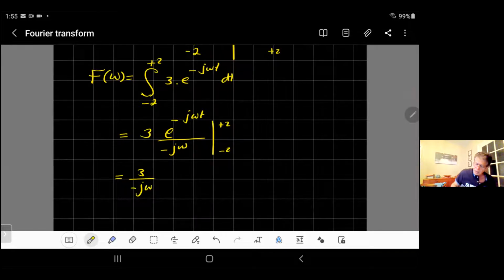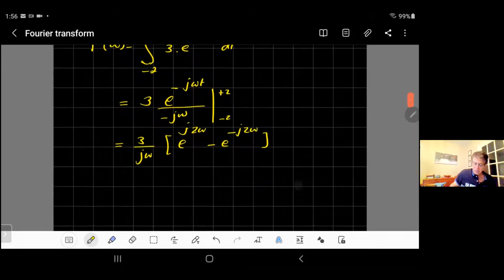I can get rid of the minus with the same trick that we do: flip the limits of integration, -2 and +2. So you have e to the j 2 omega minus e to the minus j 2 omega.